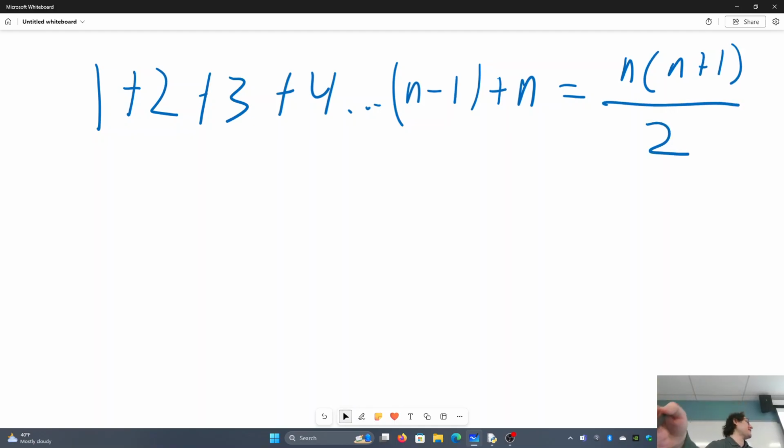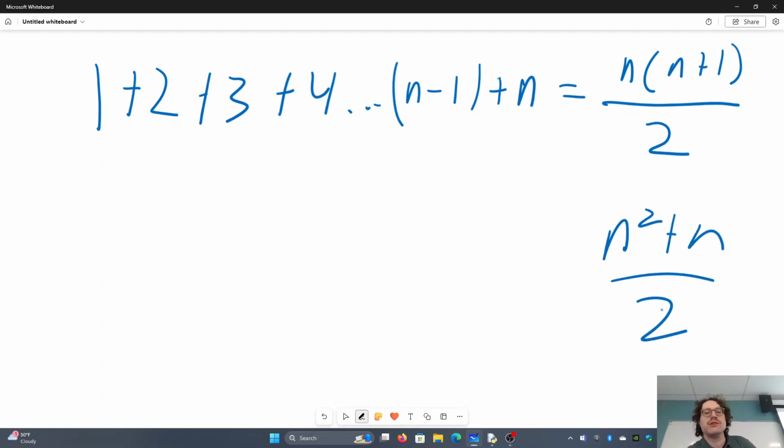That's the answer for question 3, by the way. It's n times n plus 1 over 2, which simplifies to n squared plus n over 2, which becomes just O of n squared, right? So that's question 3 on our homework.